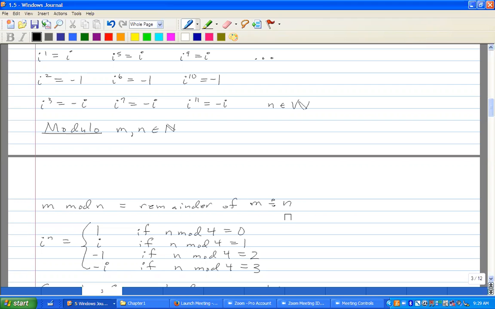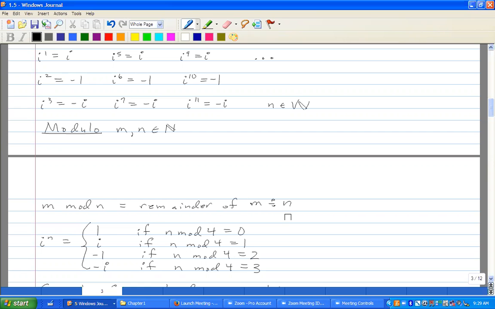If you divide two natural numbers, you'll get some natural number plus a remainder over your divisor, and we just take the remainder part. So say you have 5 divided by 3 is 1 with a remainder of 2. So 5 mod 3 is 2. It's just the remainder. So we're only looking at that remainder part.